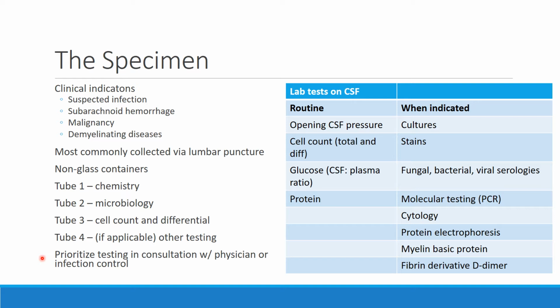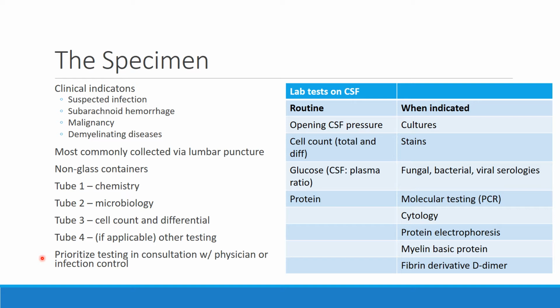They know that this is an important specimen. They know that they can get important information. This is especially your younger doctors and your residents. They know it's important, but they don't necessarily know everything that they want. You know, they want everything, but they can't get it when they only collect 1 cc.